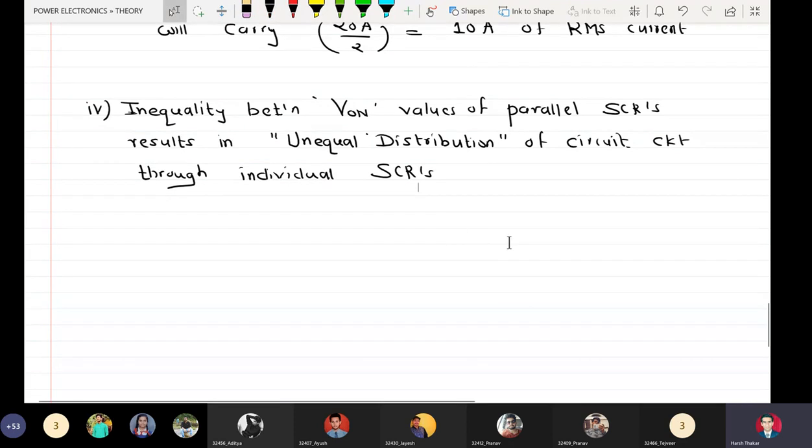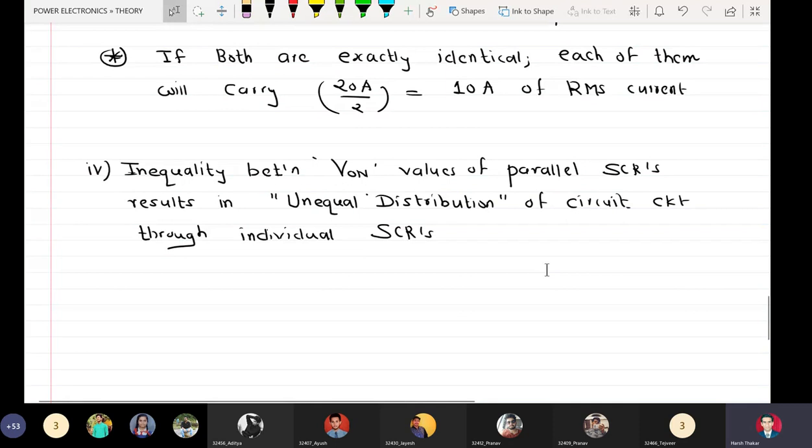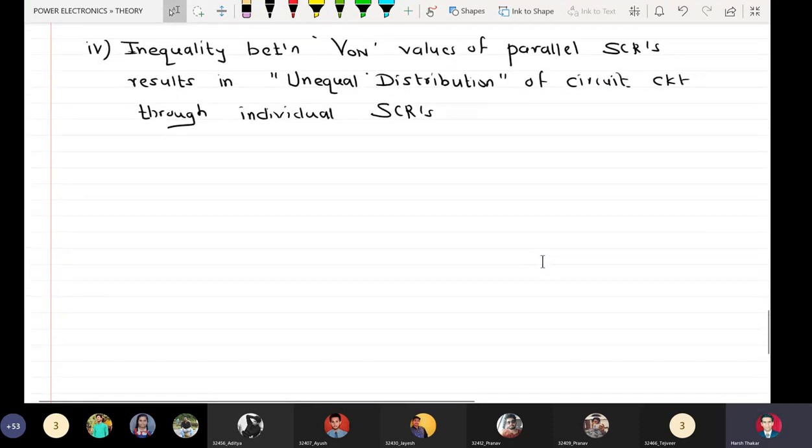So the reason for unequal distribution of circuit current through individual SCRs is the inequality between the on-state voltage drops of the parallel SCRs, even if they are having the same part number. Okay. Now this inequality between V on leading to unequal distribution, what does it ultimately lead to? It leads to thermal runaway.